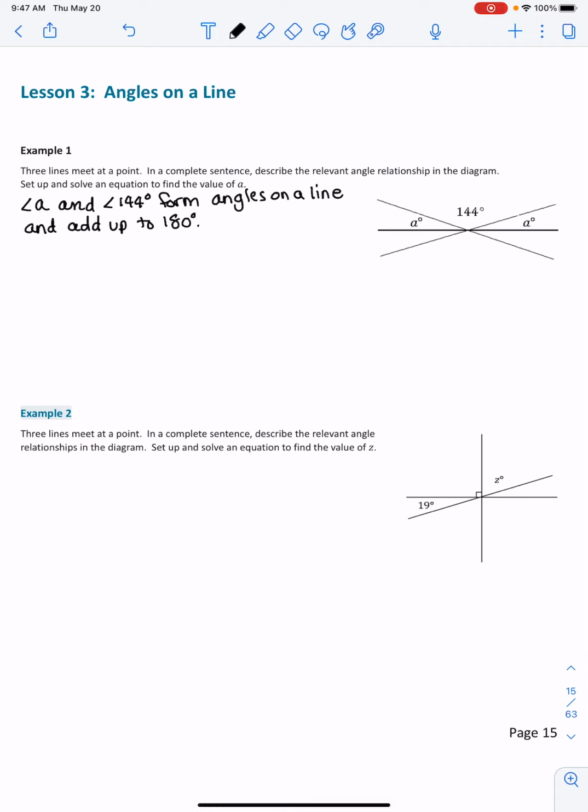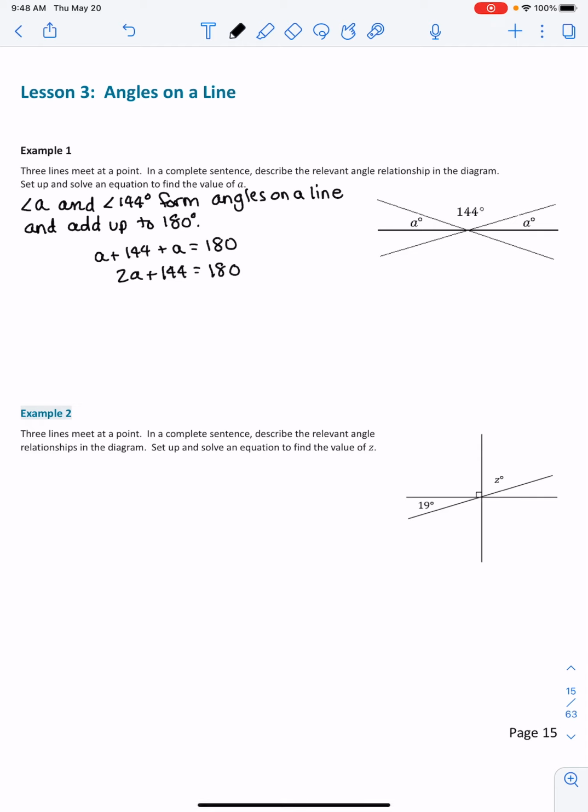So here we have A plus 144 plus A equals 180 degrees. So now we have 2A plus 144 degrees equals 180 degrees.